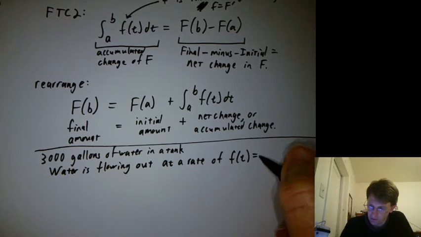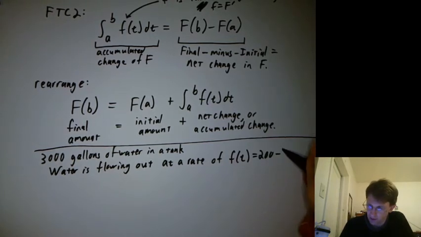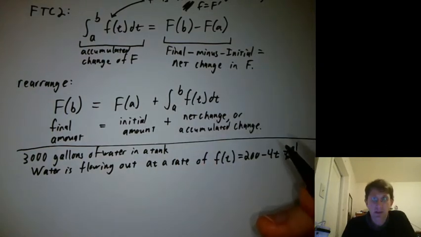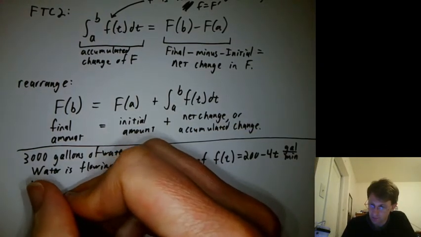So we're going to say that's f of t equals 200 minus 4t gallons per minute, where t is in minutes. How much will be in the tank after 10 minutes?